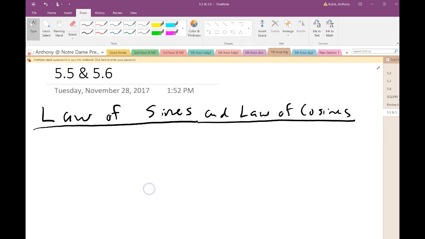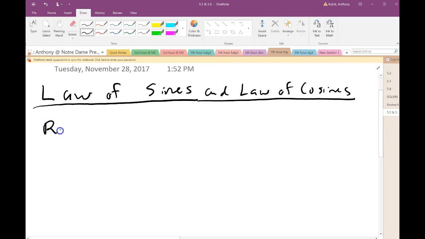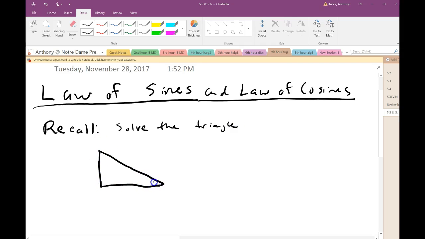So these 2 sections are about the law of sines and the law of cosines. Hopefully you remember this kind of problem that you saw previously.